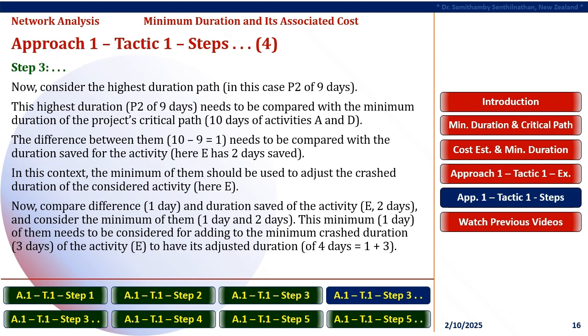This minimum of 1 day needs to be considered for adding to the minimum crash duration of 3 days of activity E, to have its adjusted duration of 4 days, that is resulting from 1 plus 3.